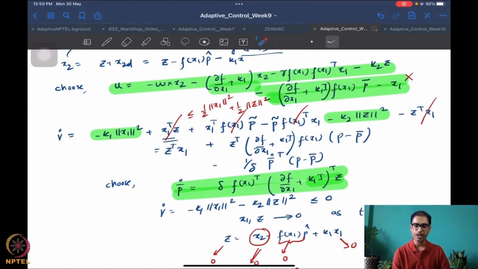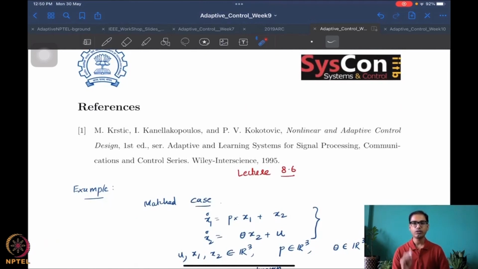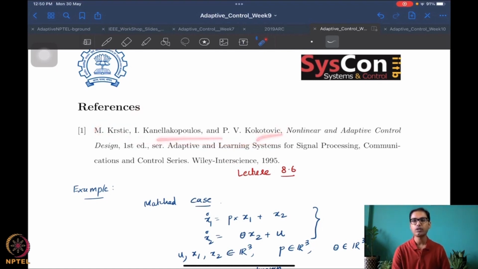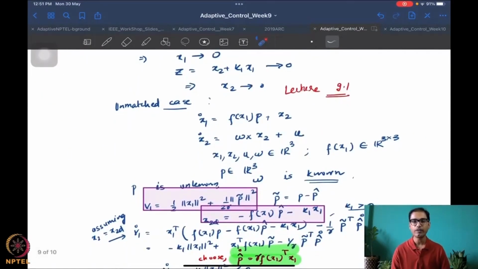stabilization problems. The tracking problems are, as I mentioned, not significantly different. I would strongly recommend all of you to look at the KKK book, that is the Krstic, Kanellakopoulos, Kokotovic book, for more details on how to do this. All right. So this is rather important that all of you do use these book references. I am, after all, constrained by whatever time I have, and I cannot cover every single thing that the book contains.